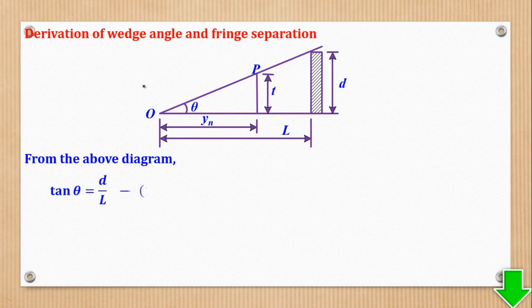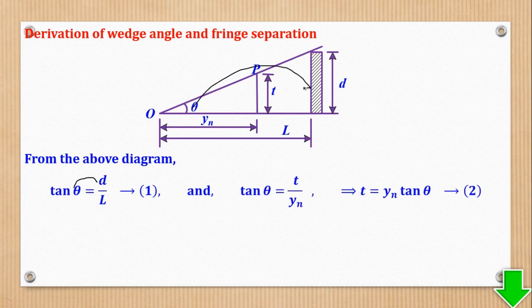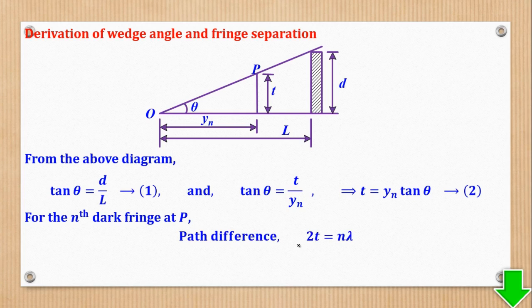So from the above diagram, by similarity, tan theta can be got by this using the big triangle, or can be got by this using the small triangle. So for the small triangle, t will be equal to yn tan theta. For the nth dark fringe at P, when an nth dark fringe is seen, we shall come up with this.